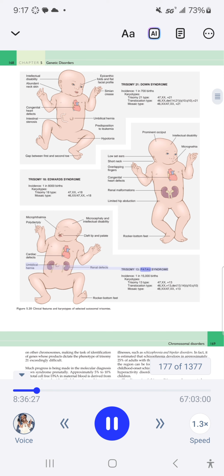Trisomy 13, Patau syndrome. Incidence, 1 in 15,000 births. Karyotypes. Trisomy 13 type, translocation type. Rocker bottom feet. Figure 5.21, clinical features and karyotypes of selected autosomal trisomies.